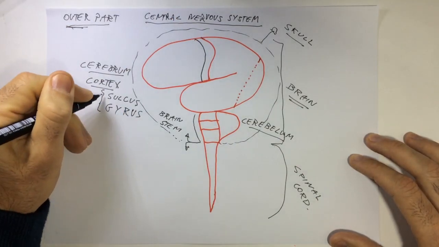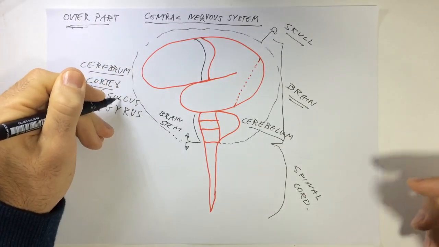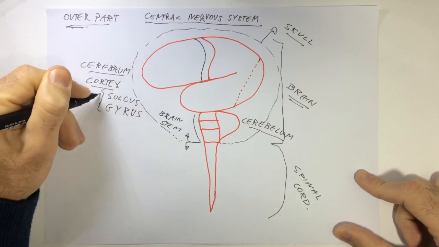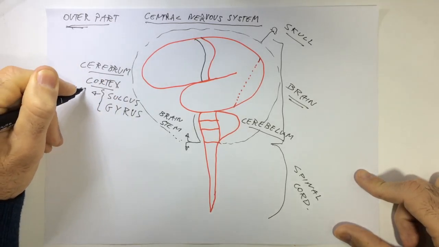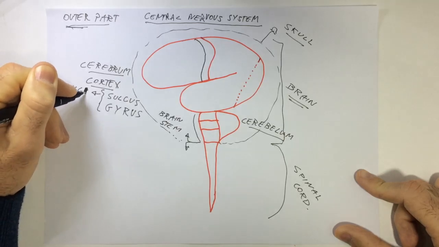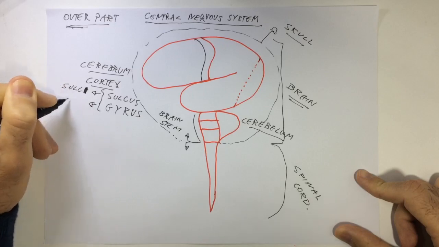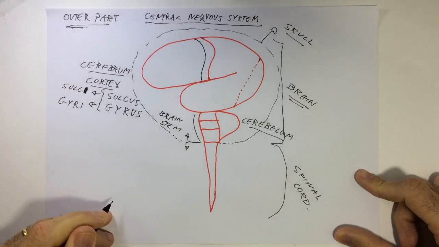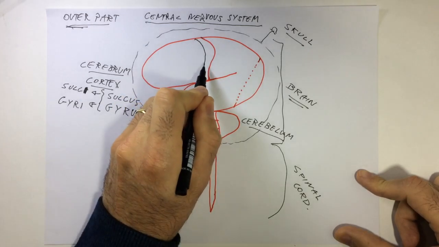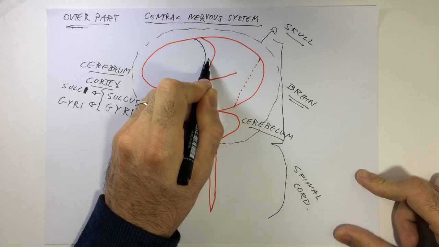And that would be singular. The singular word is sulcus. The plural word is sulci, sorry, sulci with the I here. And the plural of gyrus would be gyri. So here, for example, we have two sulci and one gyrus.